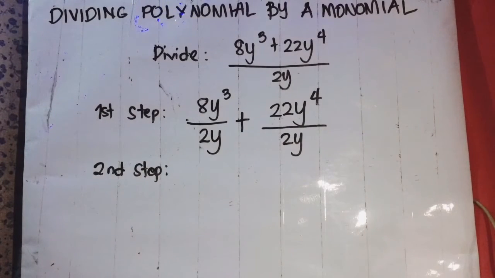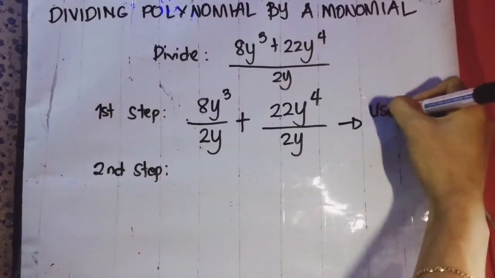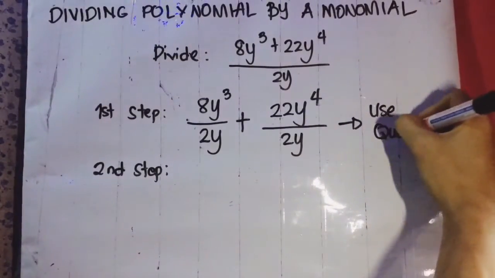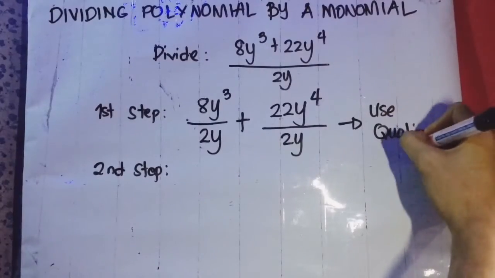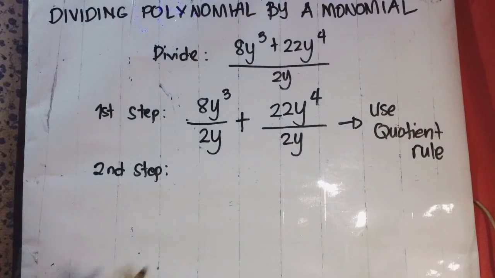The next step is to simplify each term. So how to simplify it? We have to use the quotient rule for exponents. So how to use it?